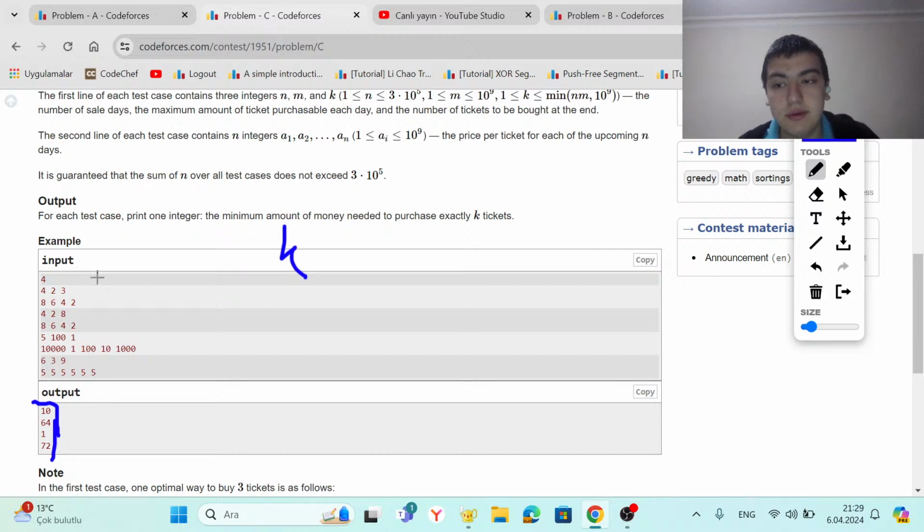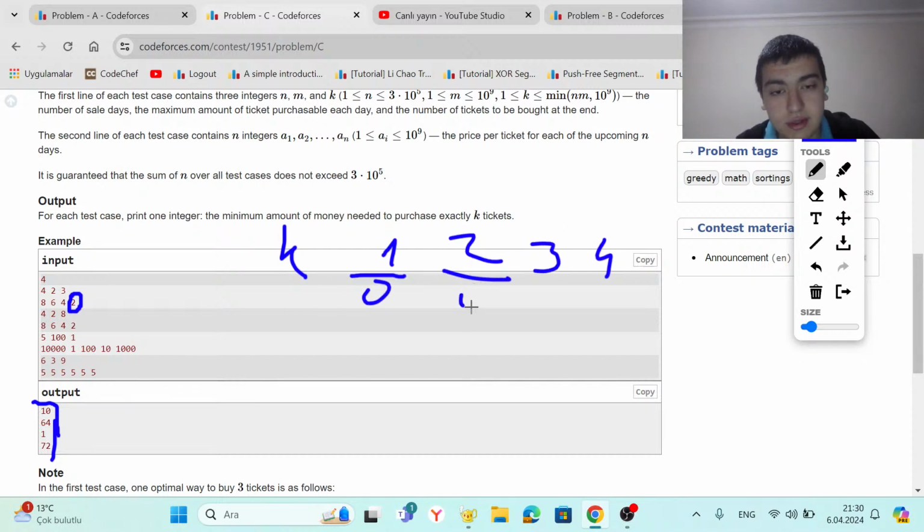We can first select all the tickets that we can buy from the smallest position, so we can buy two tickets from the fourth position. Let's say positions 1, 2, 3, 4. We have bought 0, 0, 0, and 0 tickets. This is the smallest element, so we can buy two tickets from here.